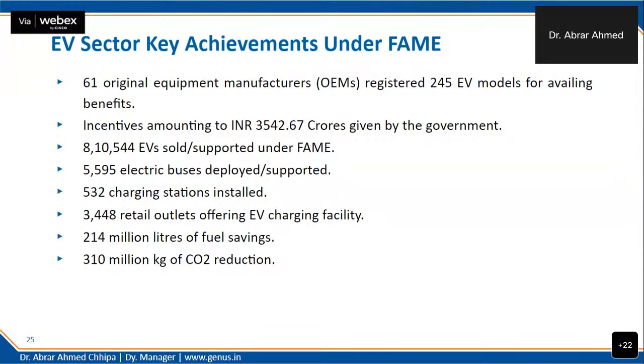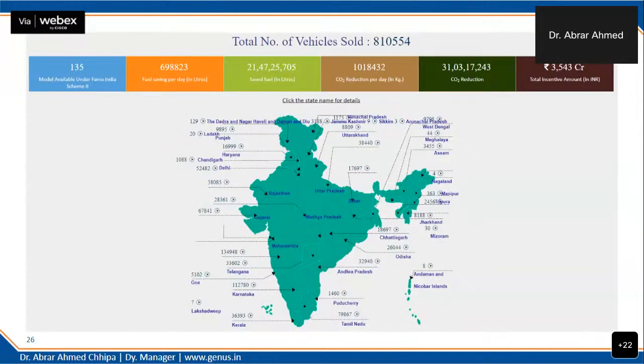In the last 6 months, the government approved the allotment of approximately 200 charging stations. And we have 3,448 retail outlets offering EV charging facilities, 214 million liters of fuel saving, and 310 million kg of CO2 reduction.